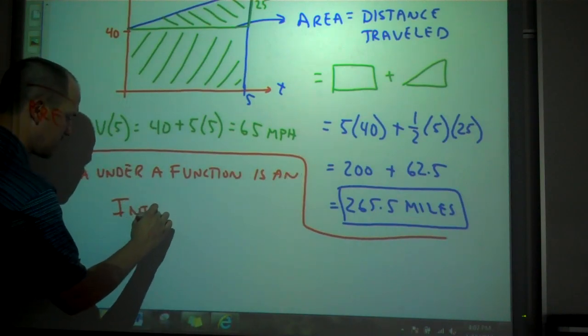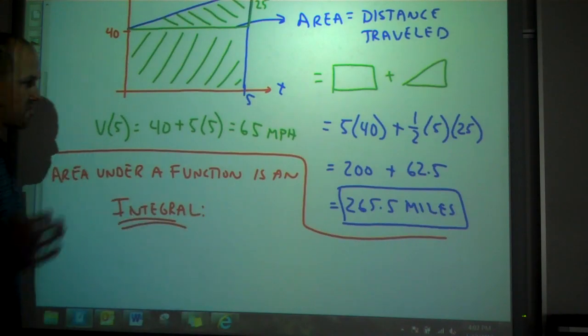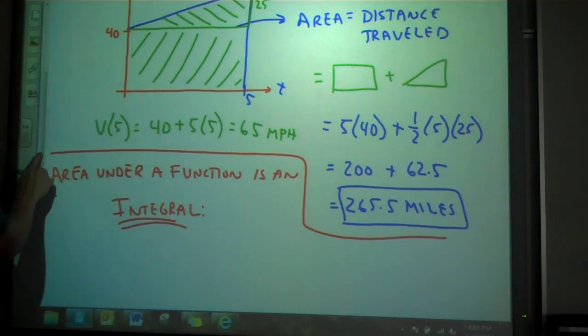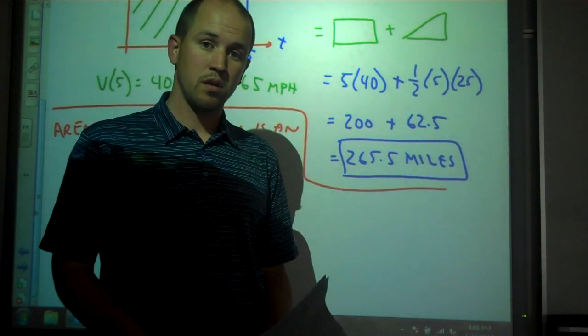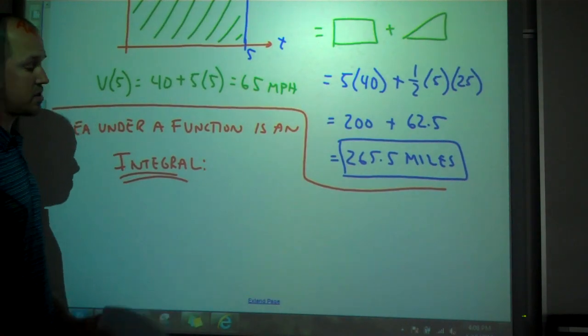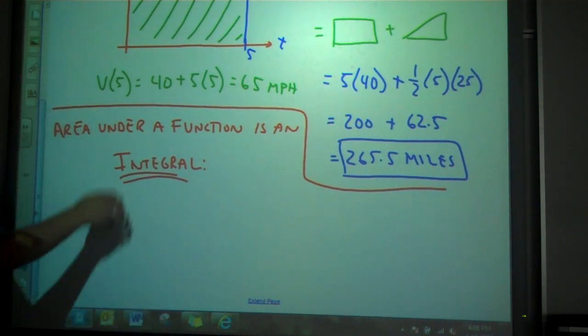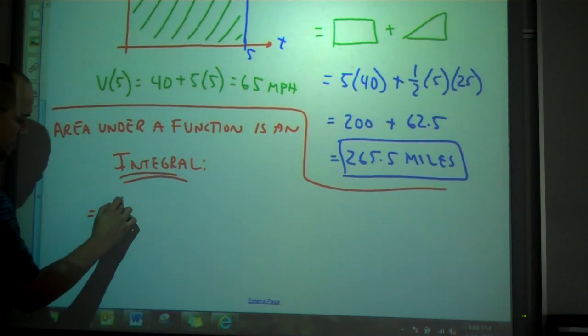That's what an integral is. That's all it is. It's just the area underneath the function. And here's what we use to denote an integral. And maybe you've seen this before in math books around. You've seen this symbol. But if I want to denote this area, I'm going to use the integral notation.